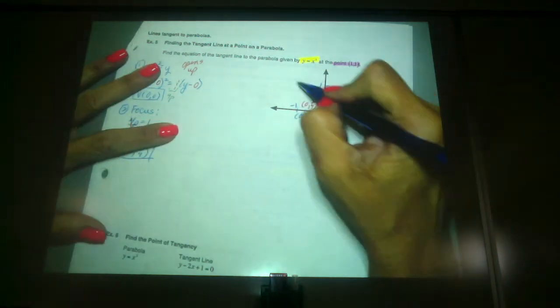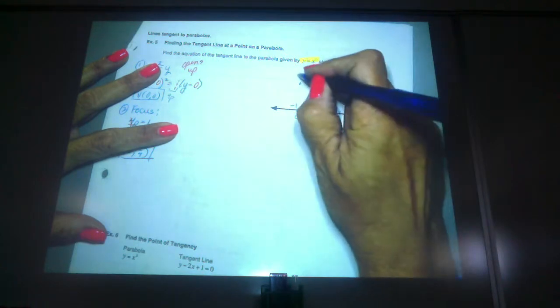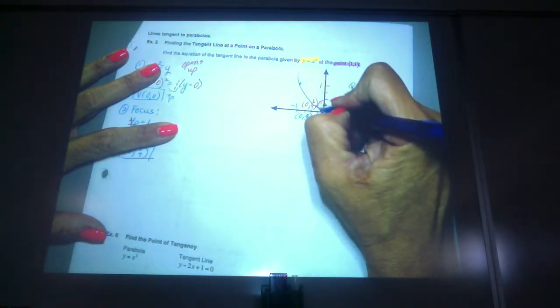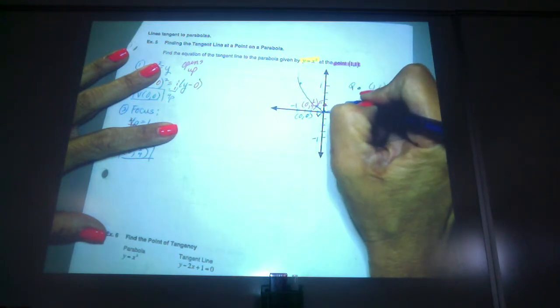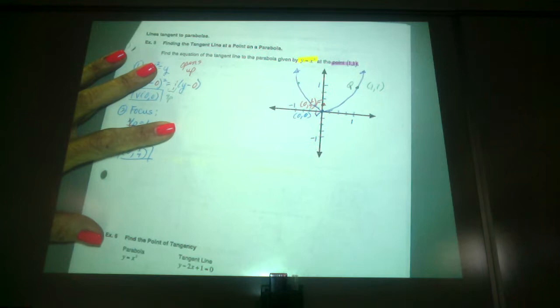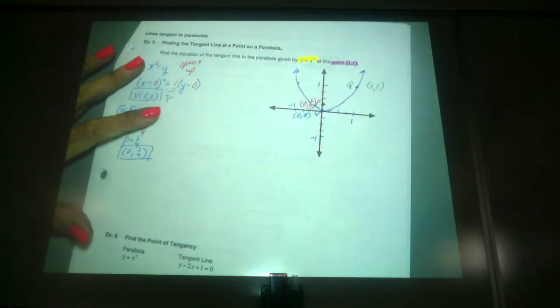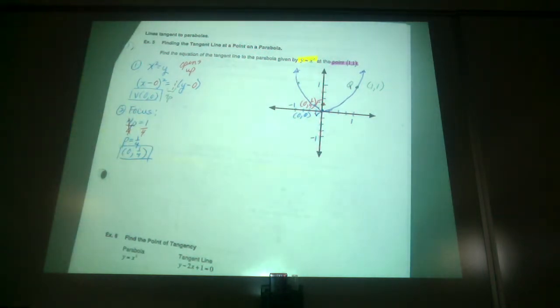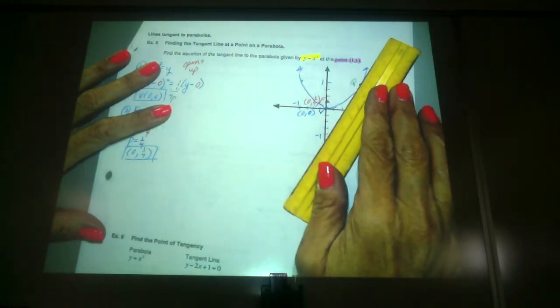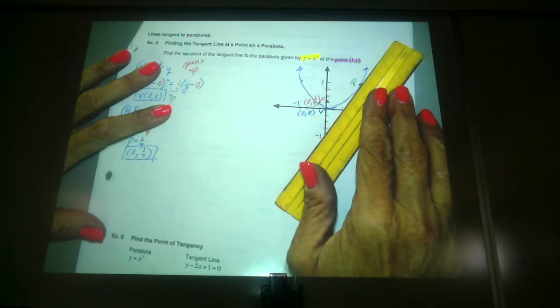So my parabola, my pen's going to work. A little shaky. There we go. So there's my parabola. And if I were to draw a line that is tangent to that point and the parabola, I could do a lot of different points, but I want to make sure that it only touches it once.